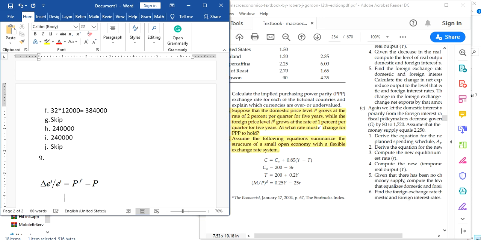So the answer will be minus 0.1, or minus 1%.